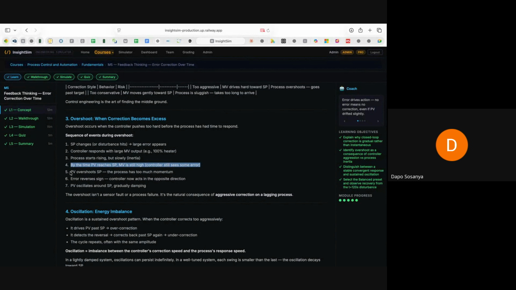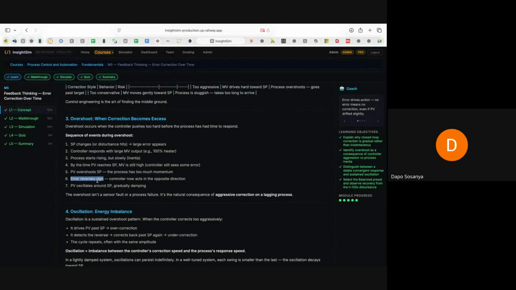Because of this, the PV overshoots SP. The process has too much momentum. Then the error reverses sign. The error that was positive, now that PV has exceeded SP, becomes negative, because error is SP minus PV.